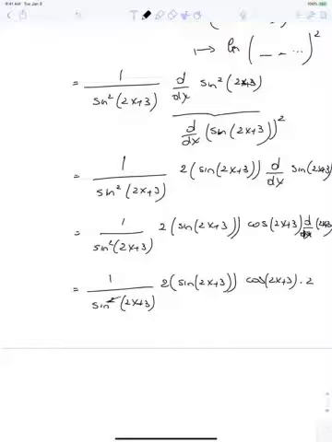Now the sine square can be simplified with this sine. We have 2 and 2, so it's going to be 4 cosine of 2x plus 3 divided by the sine of 2x plus 3. We simplify the square, so we are left with one sine at the denominator.